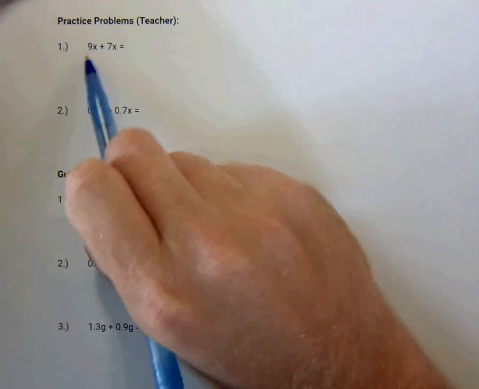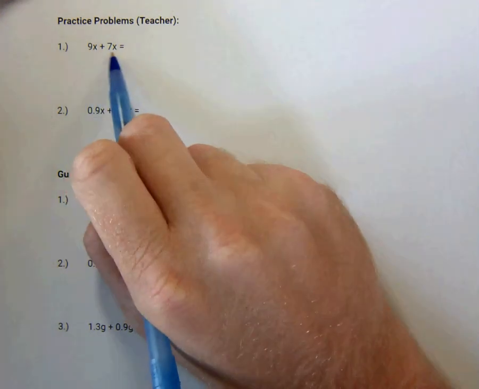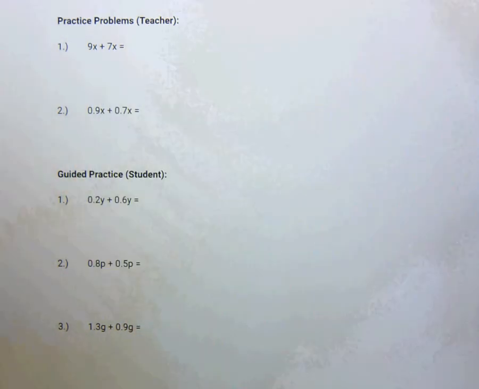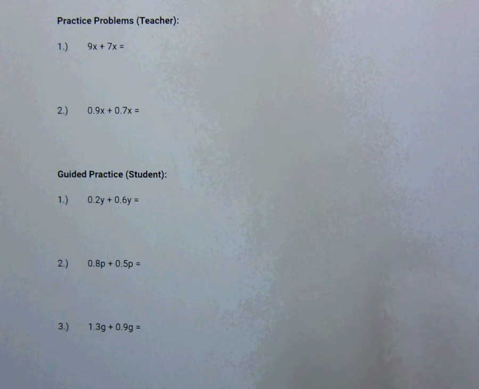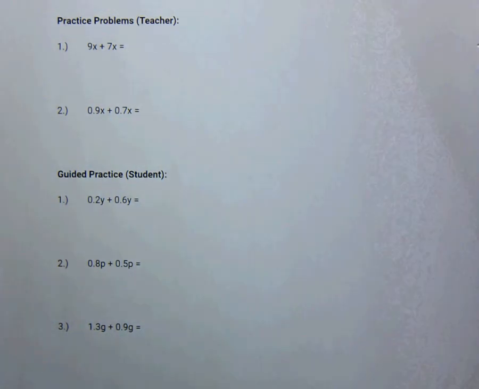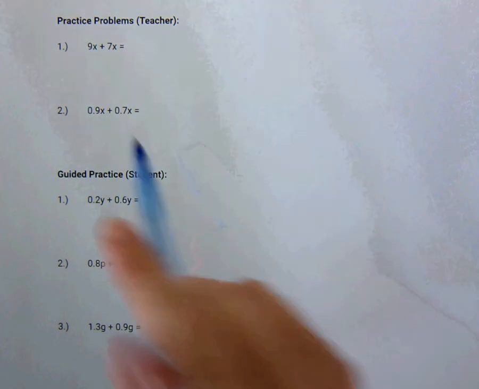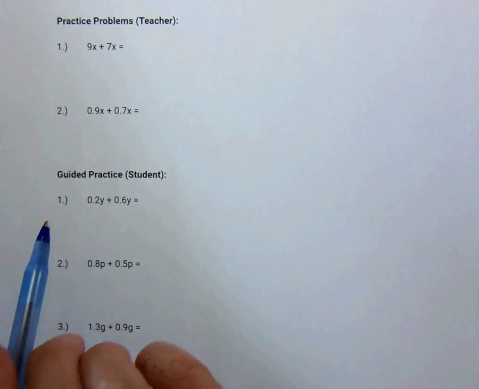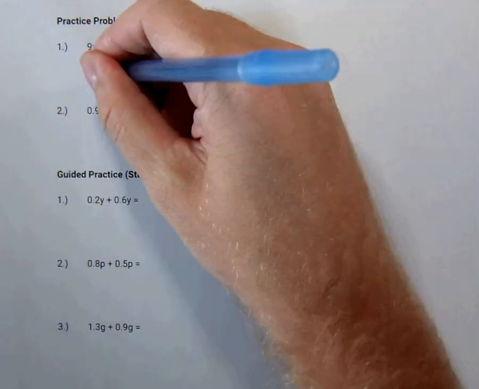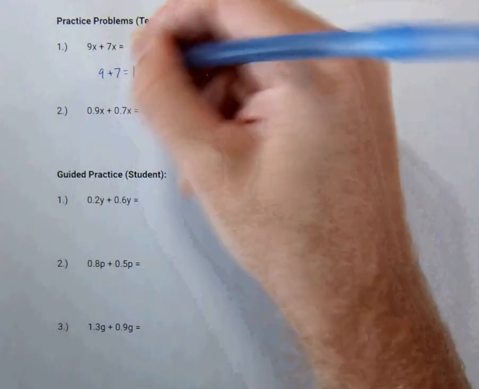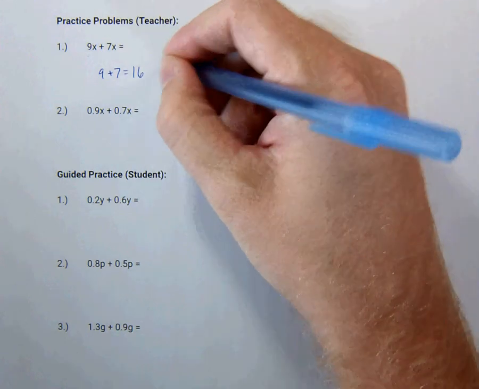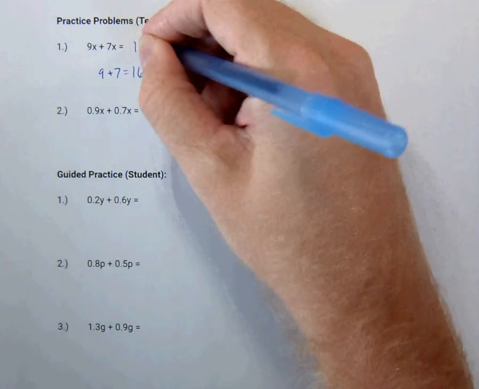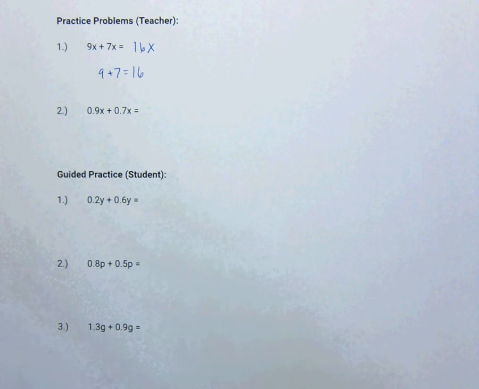So if I say 9x plus 7x, you might as well be saying 9 apples plus 7 apples, or number of apples, really, because it's a value we don't know. We don't know the final value of this because we don't know what x is, but we can at least say, well, 9 plus 7 is equal to 16, so this must be 16x, because there are 16 x's.